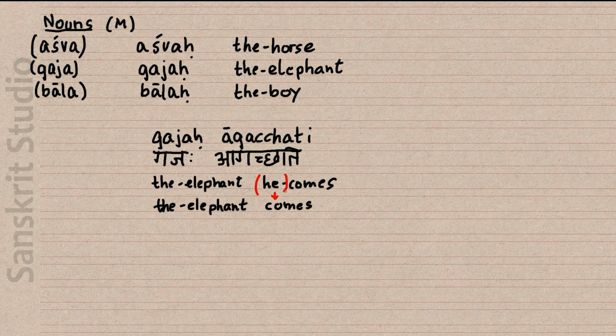Because in English we're cleaning it up a little bit. In English it's better if you remove the hyphen, so maybe actually it's three steps that are necessary. The elephant comes.